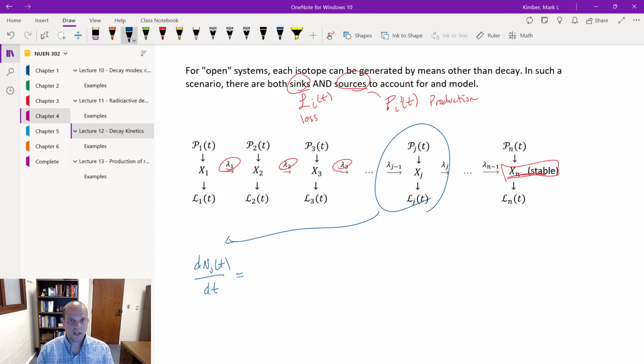Remember, the things coming into that isotope are going to be positive terms. Those are my production terms, and the things leaving that are going to be negative terms. And so I've got some generic production term, some external production term, plus I have the lambda of the parent directly preceding this isotope.